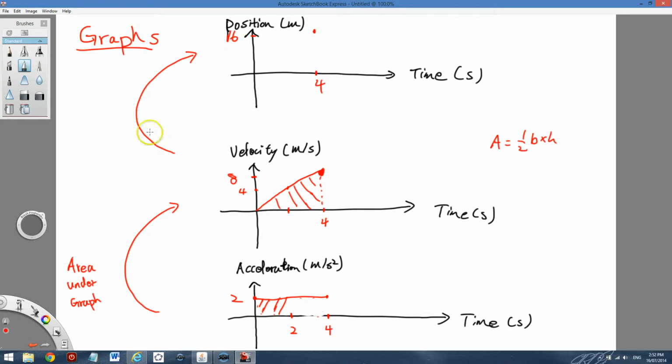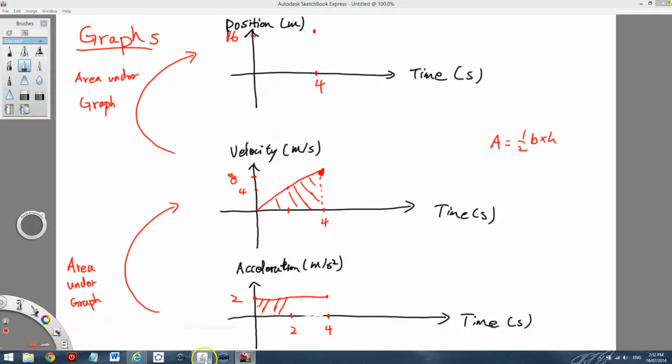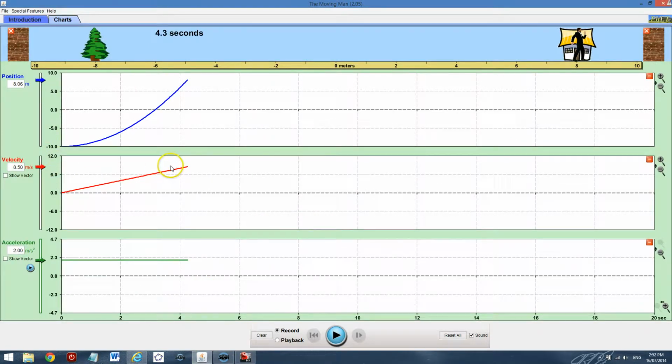So what we can say is the area under the velocity and time graph gives me the position, gives me how long it traveled, gives me the displacement. If you look at it, the area under this part must be how much it traveled from the initial point.